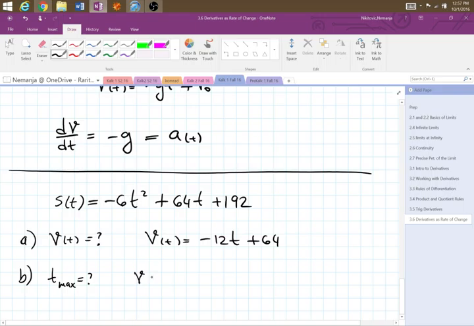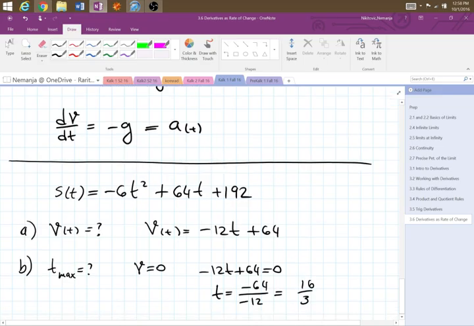So velocity equals 0 says that negative 12t plus 64 is equal to 0. So time is equal to negative 64 divided by negative 12. Let's divide top and bottom and cancel. The negatives cancel, we have a positive number, and then we divide by 4, which gives us exactly 16/3, right?